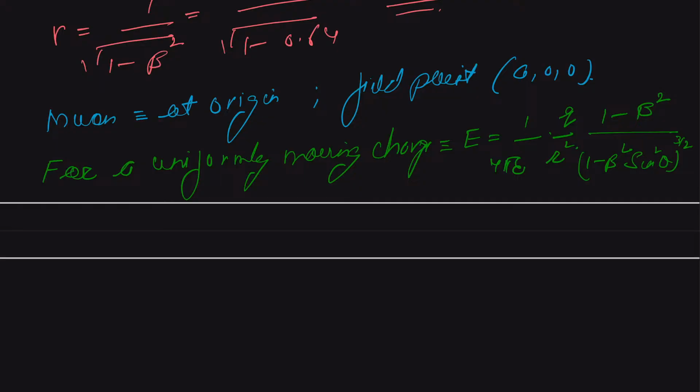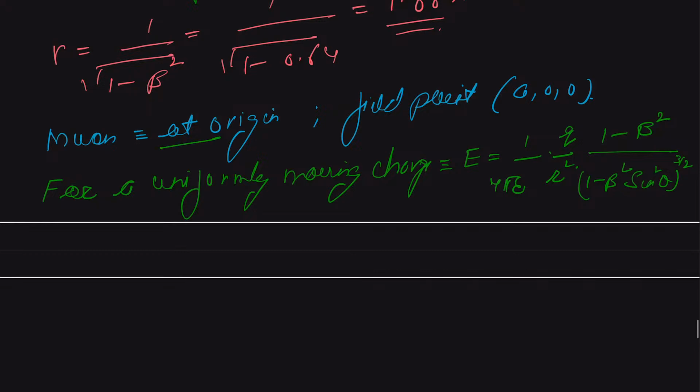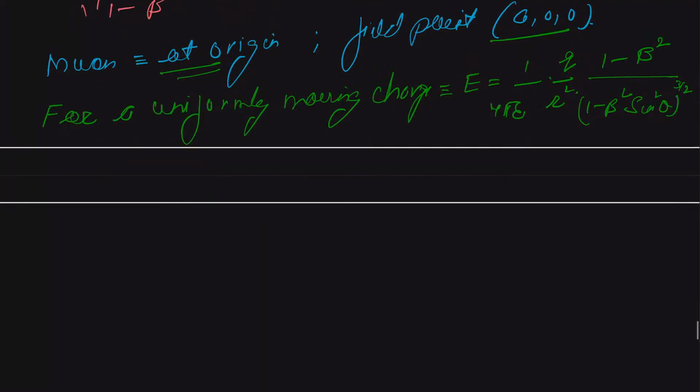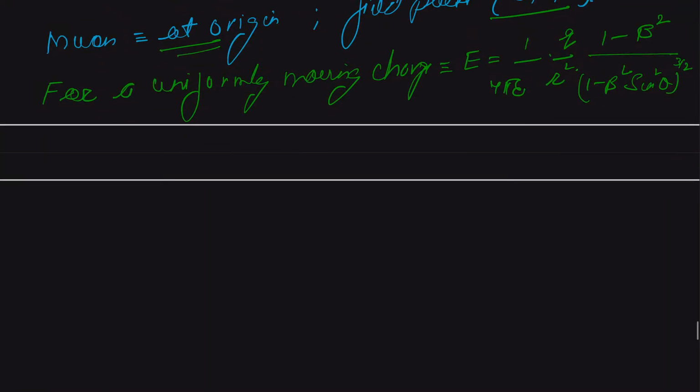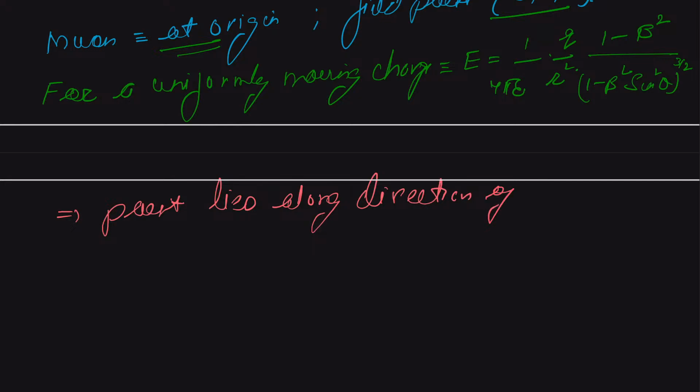The muon is at the origin and the field point is A comma 0 comma 0, which is nothing but our x axis. So we can say the point lies along the direction of motion.